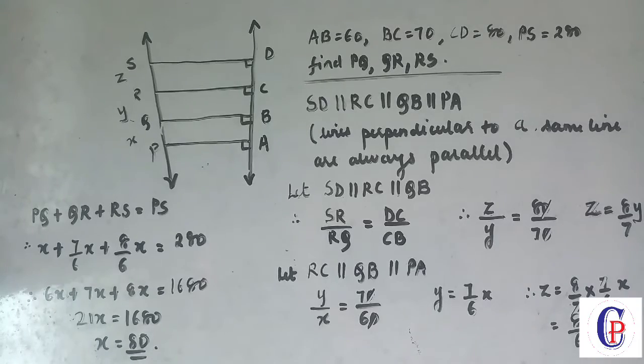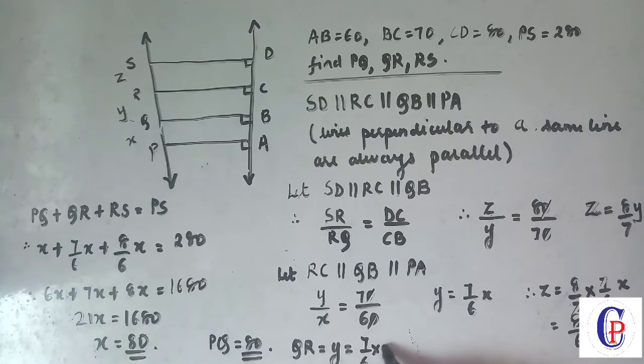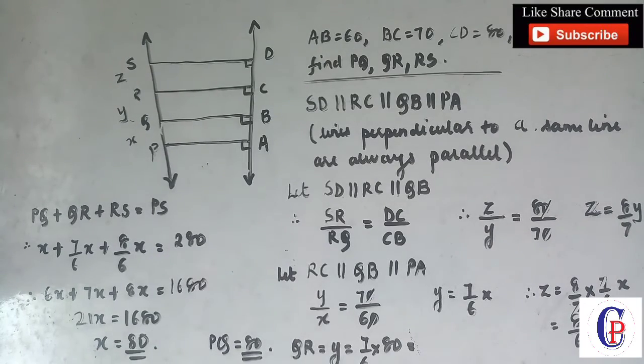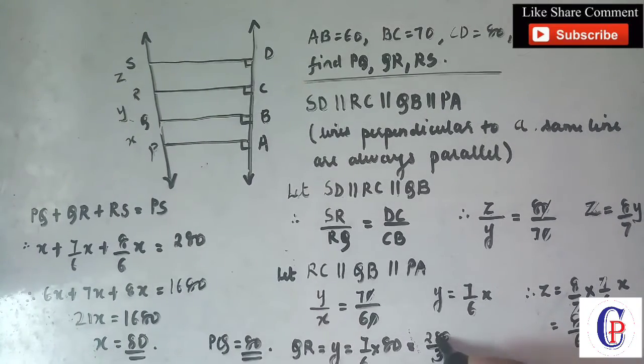Now what does it mean, X is 80? X is 80 means the PQ value is 80. Therefore PQ is 80. What about QR? QR is Y. Y is 7 upon 6 into 80, which will give us 280 upon 3.